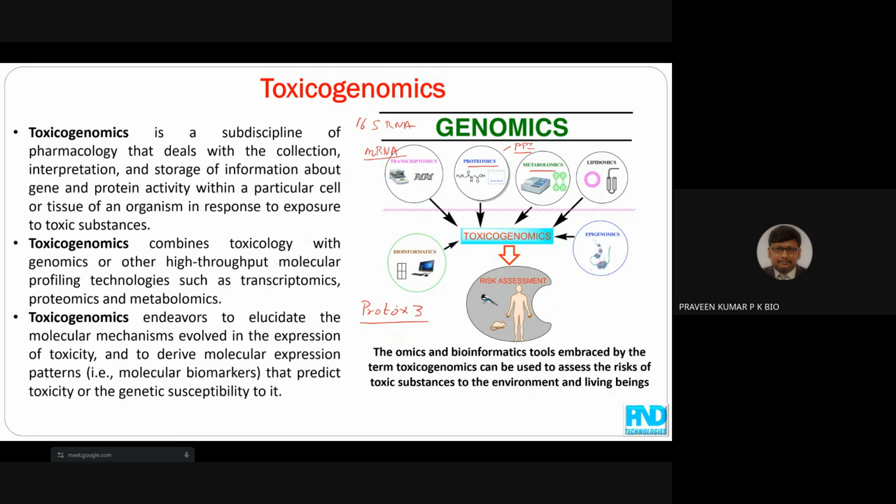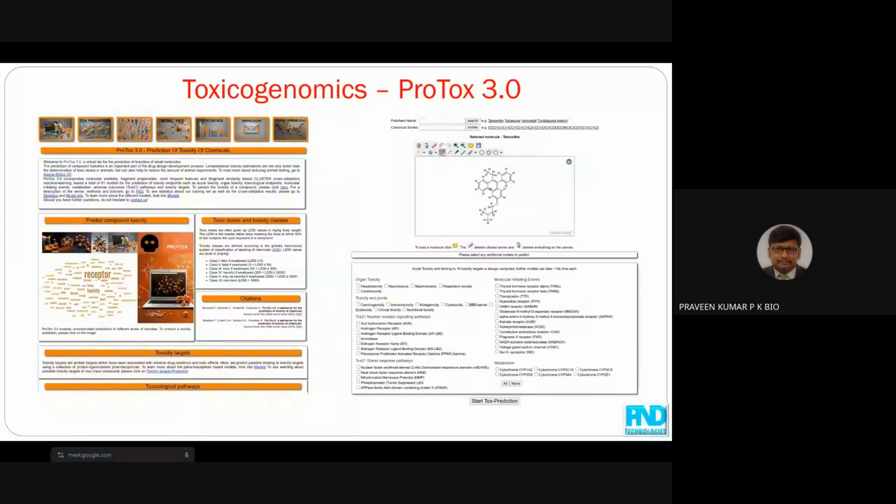You can check what other kinds of toxicity you can get. You can also get the LD50 value of a particular drug, whatever we provide. So if we focus on determining the toxicity and we apply this toxicity in genomics, we call this toxicogenomics. For working on toxicogenomics, of course, we use the same website, Protox 3.0.